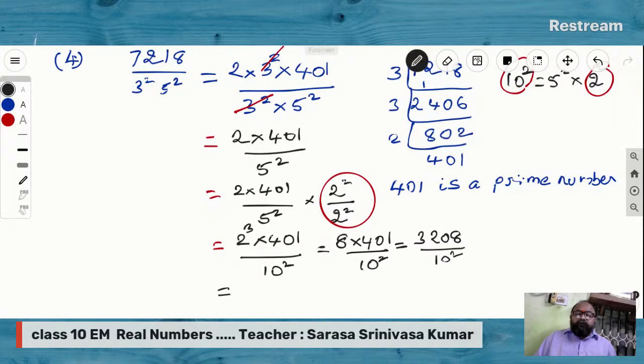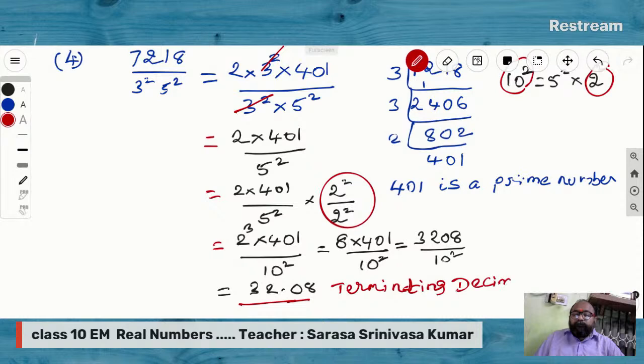This is equal to 32.08. We get the answer 32.08. This is a terminating decimal.